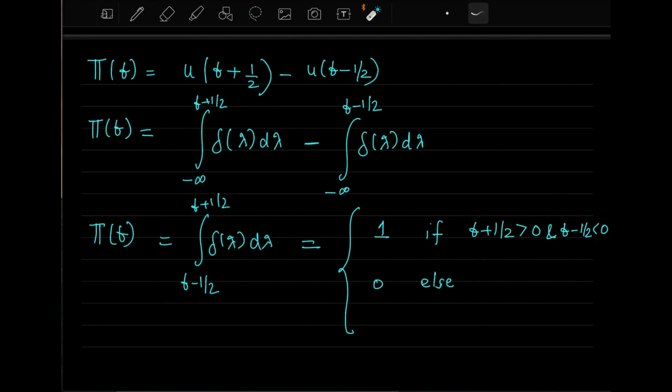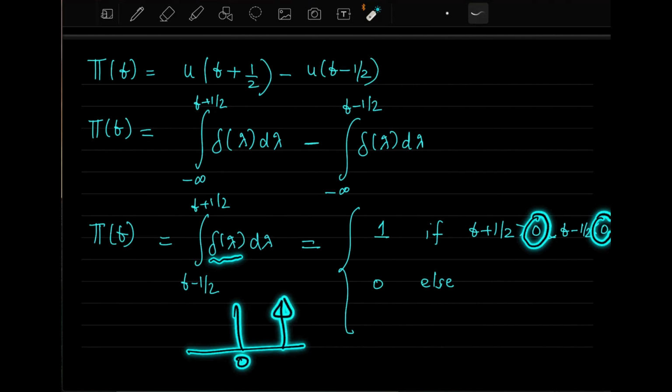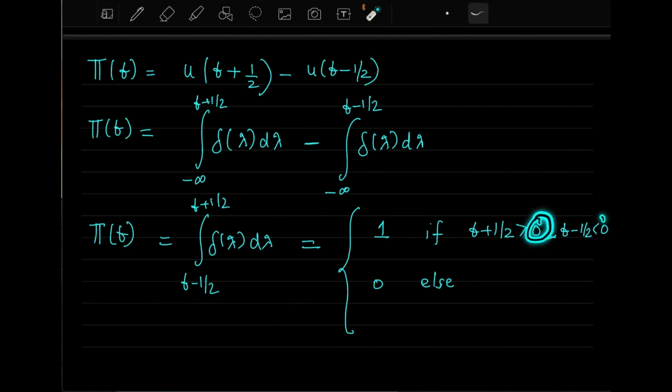If the delta function is outside these two integrals, its value will be 0 as it is given over here, and its value is 1 only if t plus half, that is this particular integral, is greater than 0 and this particular integral is less than 0. The reason we are taking it as 0 is because your delta function is right now at 0. If it is a shifted impulse, then you have to change these limits which are given over here.